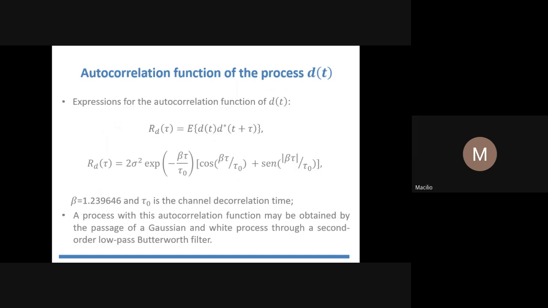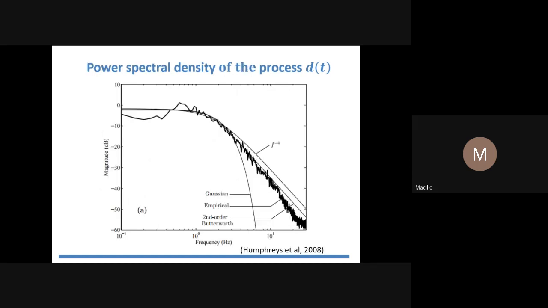This process can be obtained by passing white Gaussian noise through a low-pass Butterworth filter. Here I show the power spectral density of the process DT.